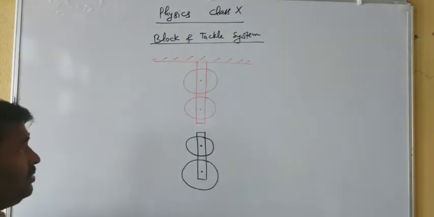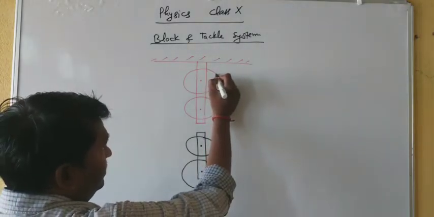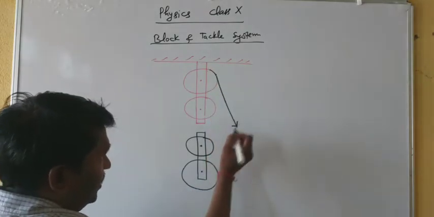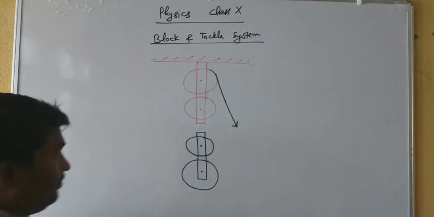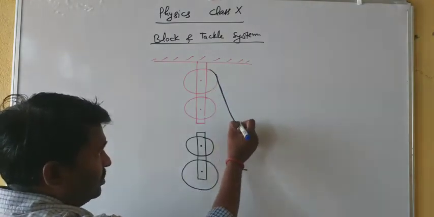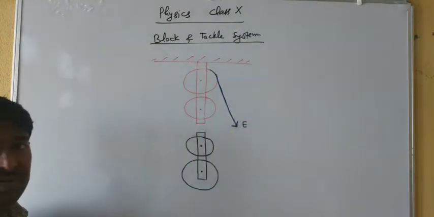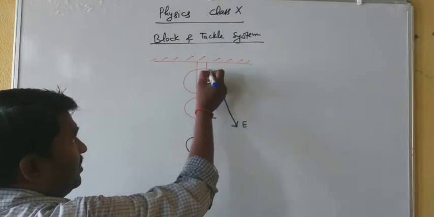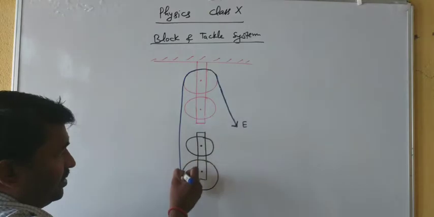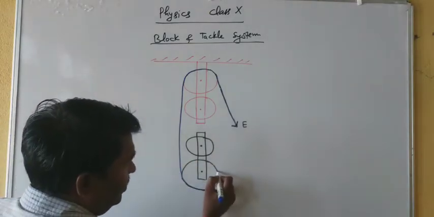Now see, a single rope will pass over all pulleys. You start from the uppermost pulley. This is the rope, where at one end we can apply the effort, and the other end passes over this, starting from here, through the lowermost pulley.